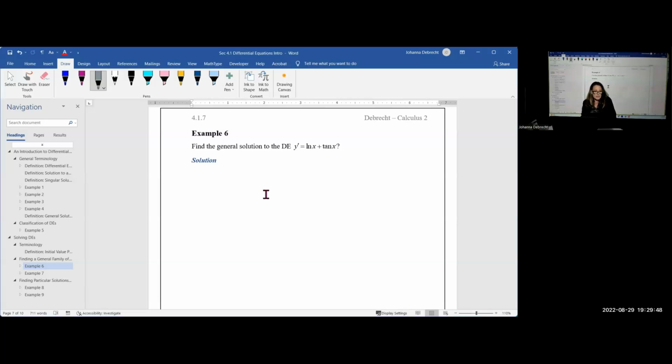So it might be easier for you if you were to write this one down using the fractional form, which would be dy/dx equal to the natural log of x plus tangent of x. So remember, the first thing we want to do is isolate the highest order derivative, which in this case, we only have one.